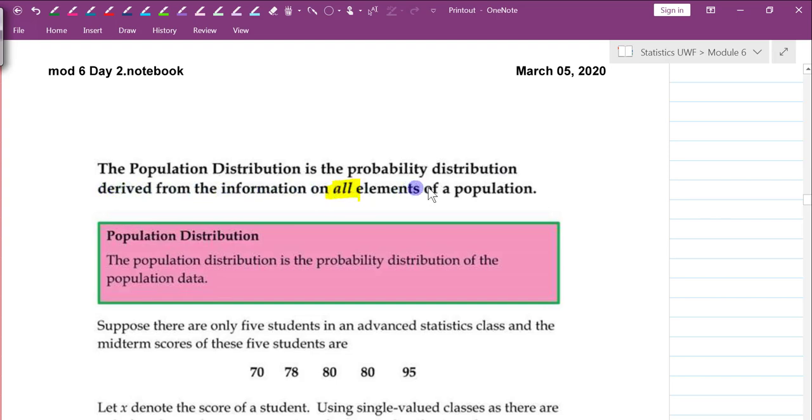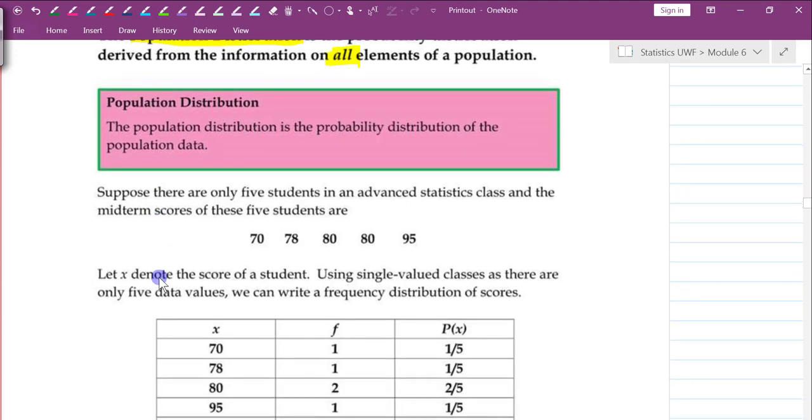So here's my definition in a nice little box: the population distribution is the probability distribution of the population data. All it's saying is let's make a frequency distribution, put a graph together that represents the frequency, and we're going to call that a population distribution, as opposed to a sample distribution. So let's look at this a little bit closer.